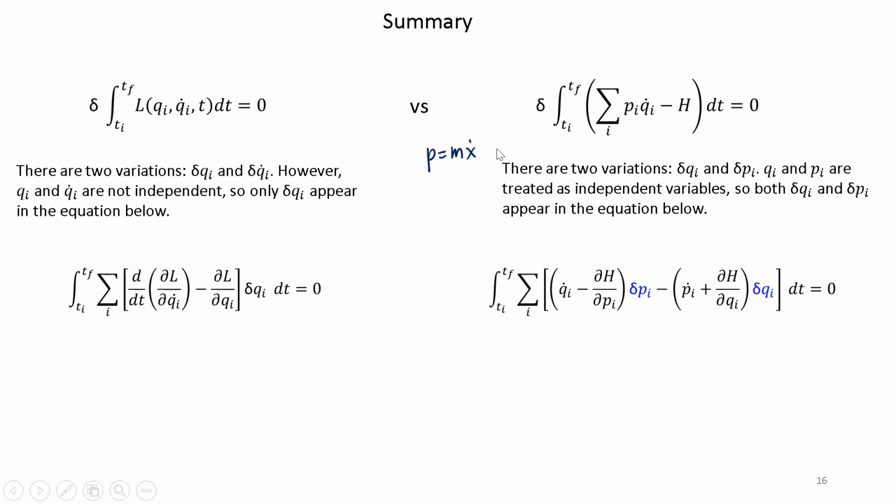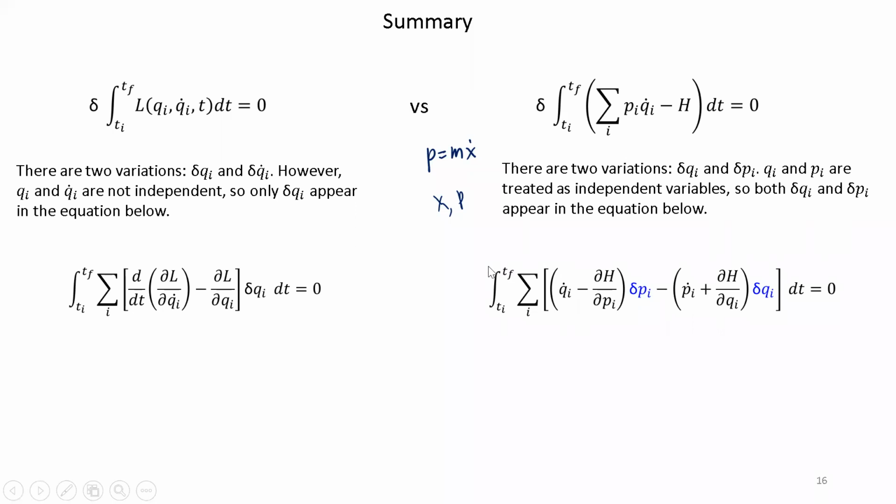Then how can we say that x and p are independent? They are related like this. Just like here we don't say that q and q dot are independent; we say that they are dependent, right? That makes sense. But here I'm telling you that p and x are independent.